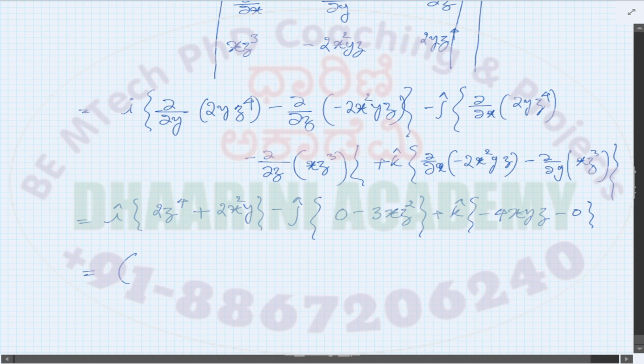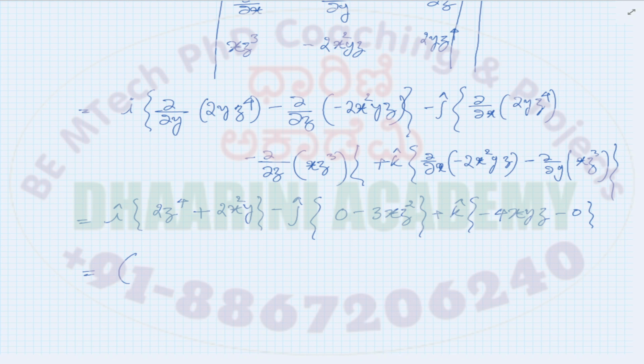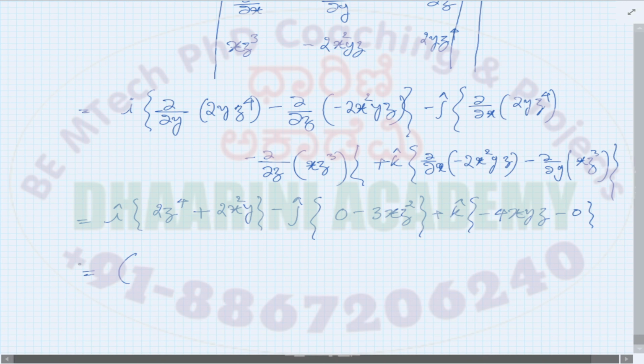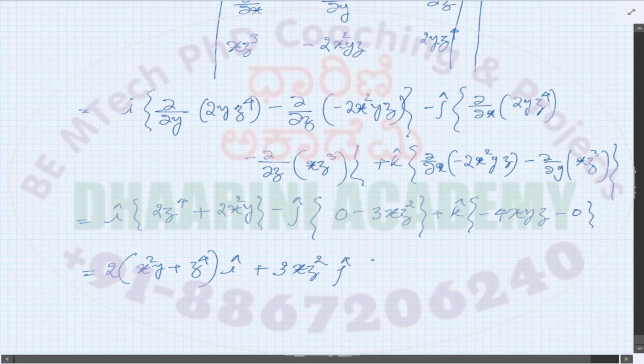So, I am going to write it in a simplified format. I can take 2 outside, so 2 into x square y plus z to the power 4 into i cap plus, next term is 3 times x z square into j cap, because minus of minus is plus.